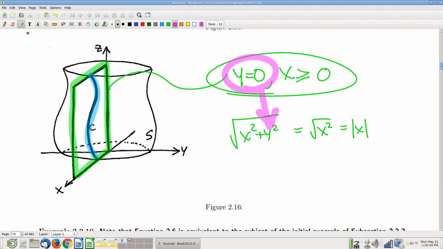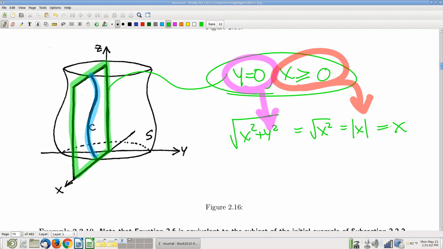And then when I take advantage of the fact that x is positive, non-negative, I get just x. So it's just so cool how this works out.